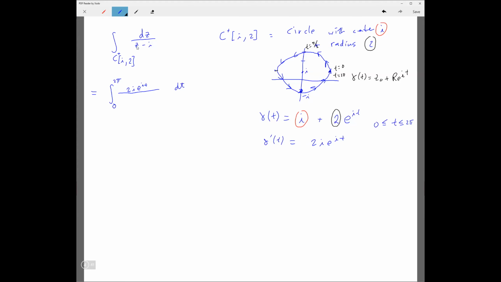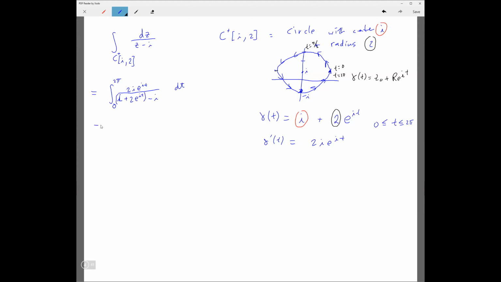Okay, and then the denominator of those z's get replaced with this. So here we have i plus 2e^(it) minus i. Okay, so this z gets replaced with that.